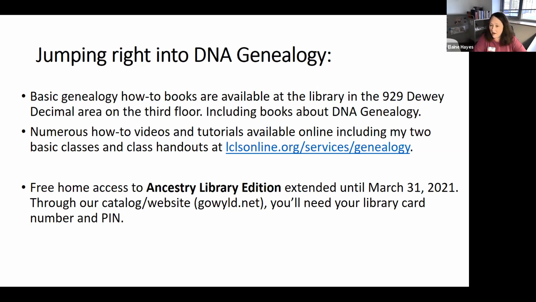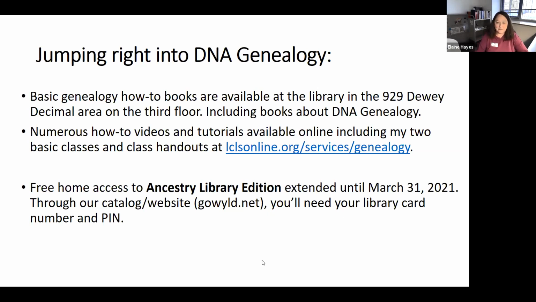Just go to our catalog and then our library catalog and then the databases, or a little bit more direct way is to go to gowild.net and then look for the Ancestry library and then enter your library card number and your PIN. If you have any trouble with that, call us at the library. And we will help you out with that.